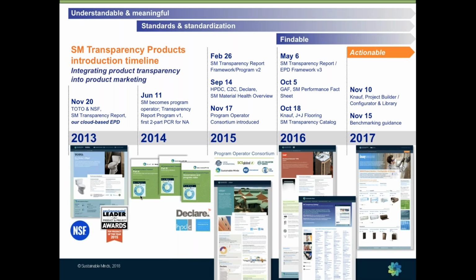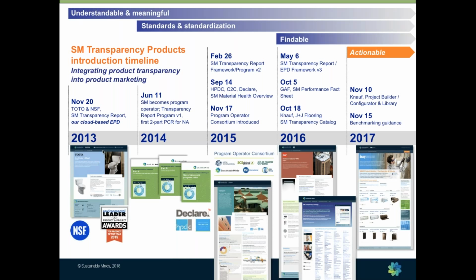So to me, as a graphic designer, an EPD is just another kind of brochure. And in that conversation with Joep, I said, well, Joep, it's just another brochure. So what's in it that makes it so special? So I'm going to show you that investigation. It led us to creating the transparency report, which is our brand of EPD.